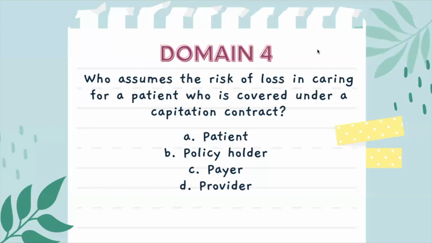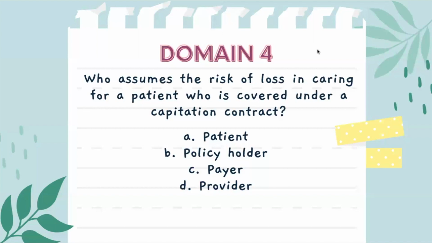So who assumes the risk of loss in caring for a patient who is covered under a capitation contract? If there is money being lost, meaning that there are higher expenses than what was expected from those 100 patients on the list, who is going to assume the risk of loss in this case?